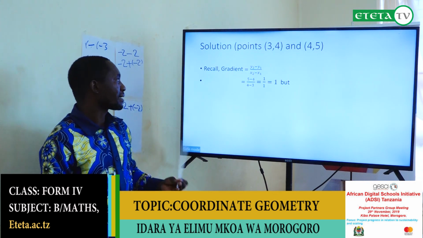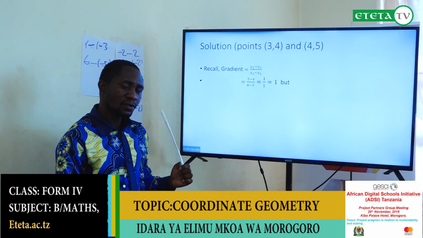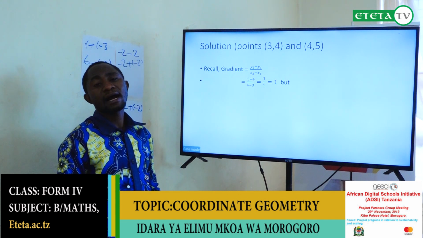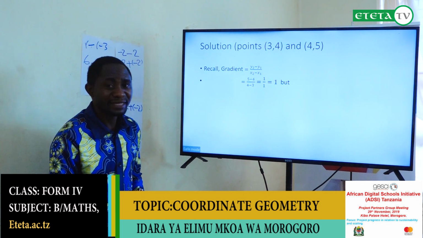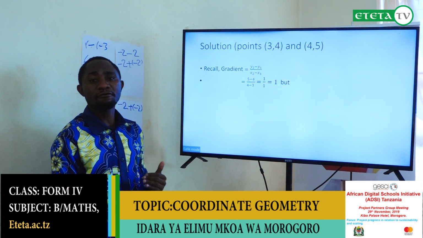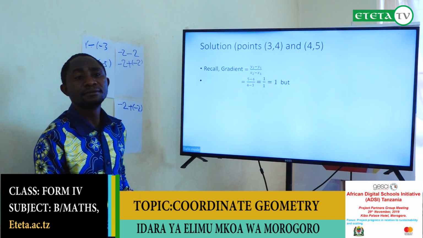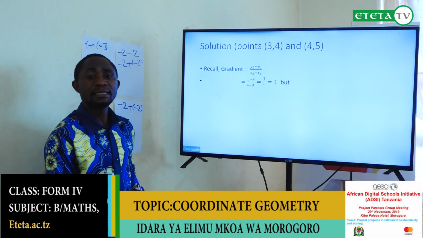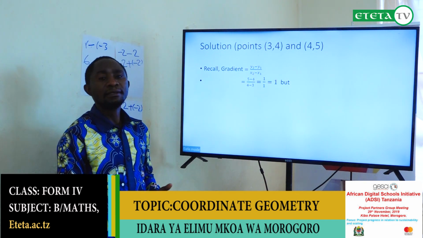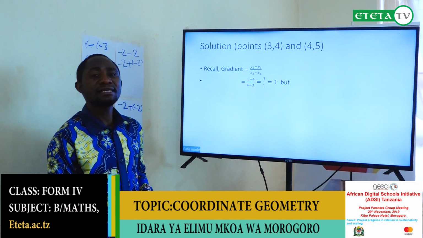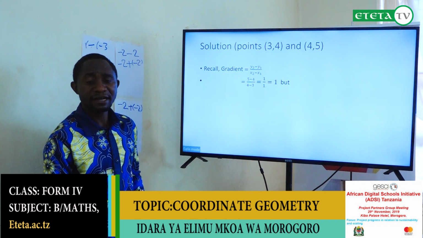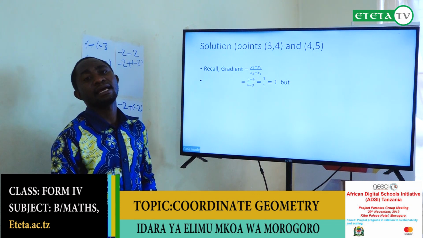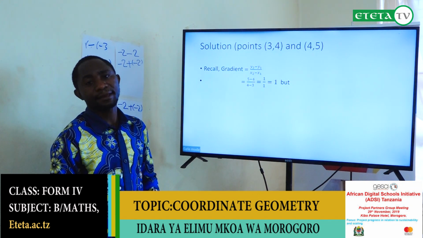But a gradient, back to the formula for finding the equation of the straight line. We just equate the gradient that we have obtained and the gradient of the same line using the variable point x, y.